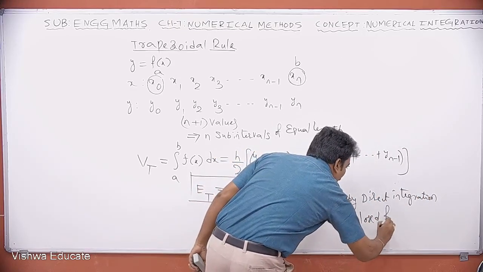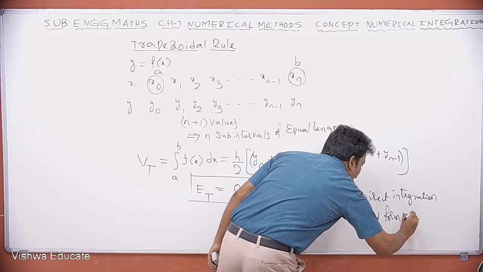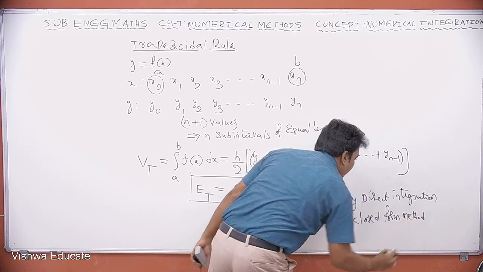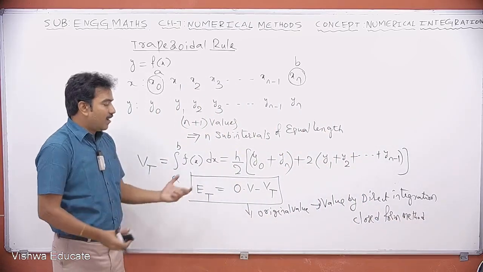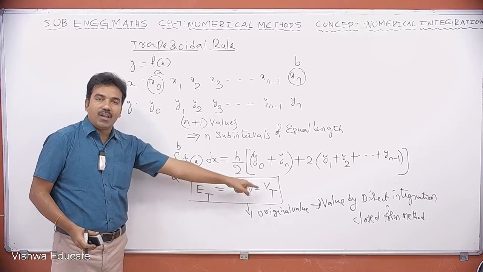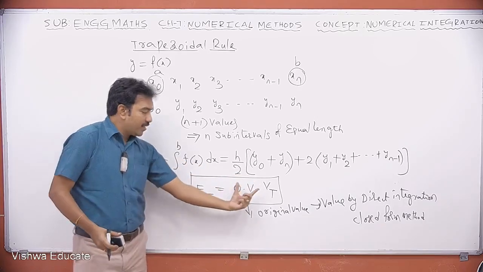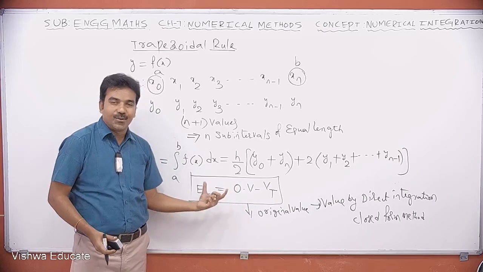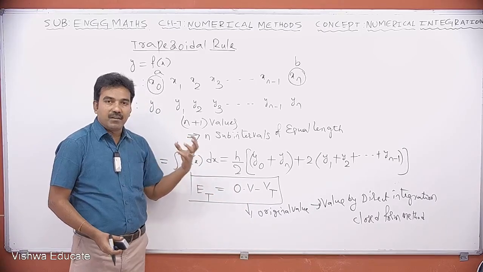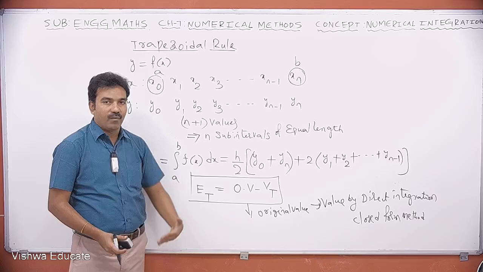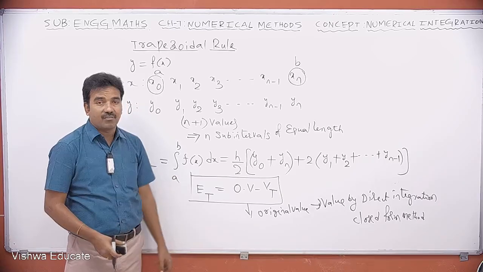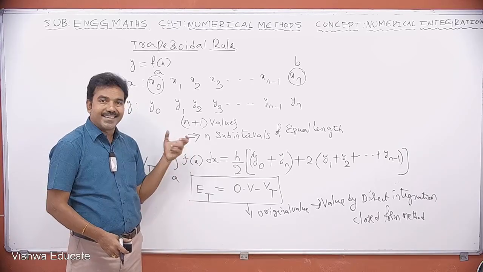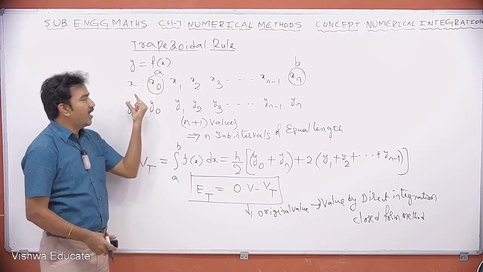The difference of these two values gives us the error: original value minus value by trapezoidal rule. Whenever this difference is 0, the error is 0. In that case, that particular integral is giving an accurate value. That means the trapezoidal rule is giving an accurate value for that particular integrand function between the limits a and b.